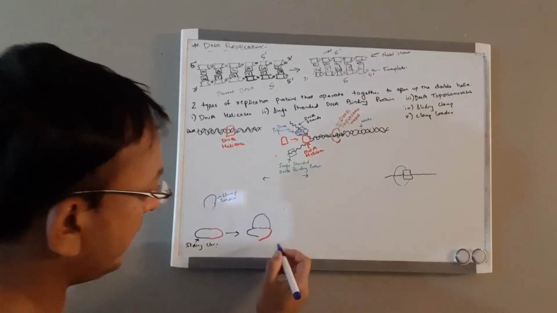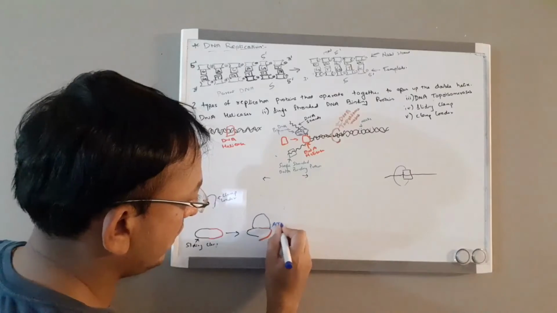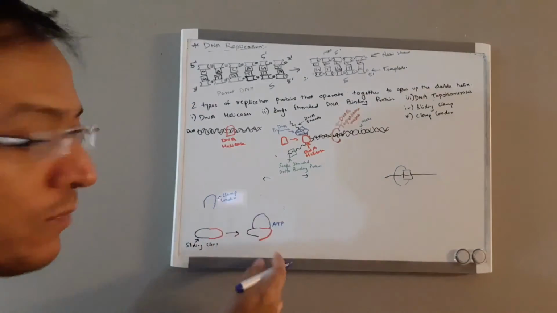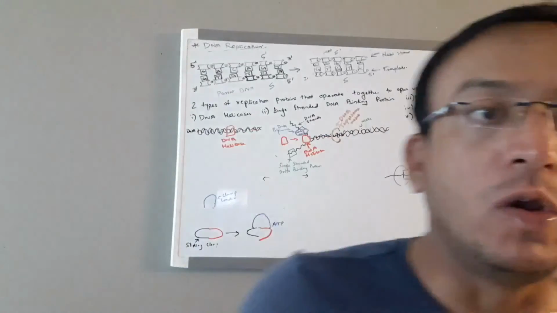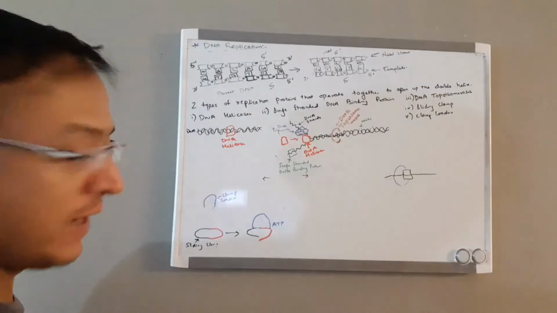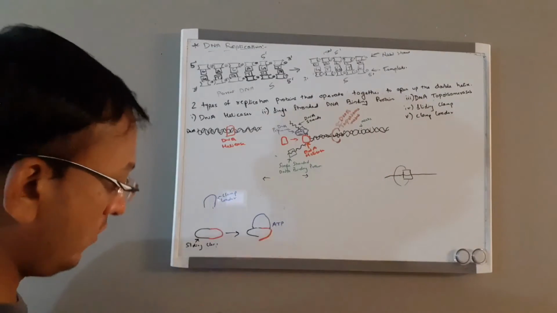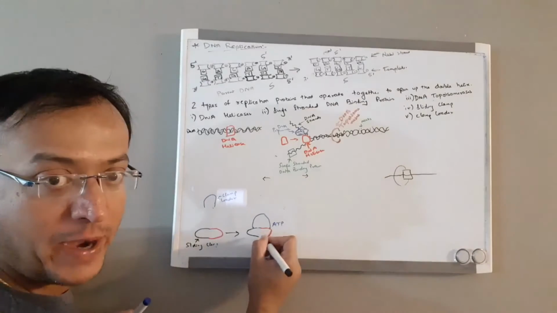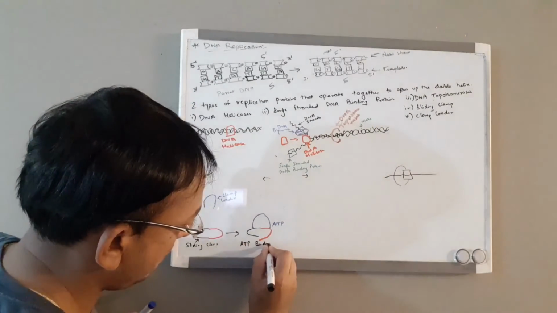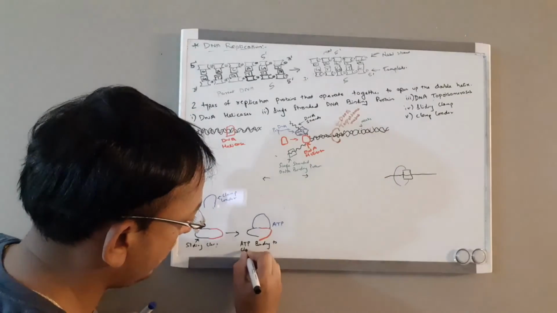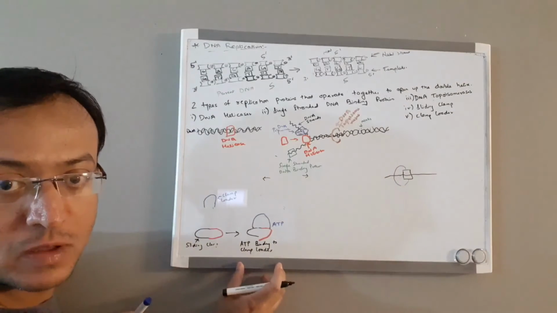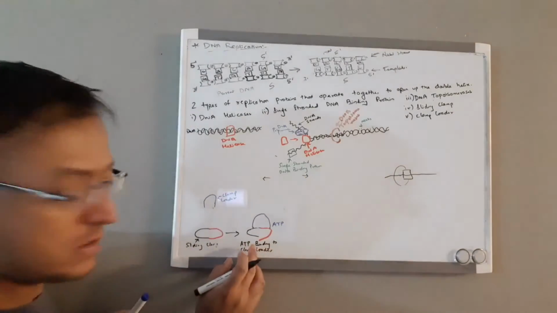Blue, and it works with ATP. This is not ATP itself, but it uses ATP hydrolysis to load the clamp. How is the process done? ATP binds to the clamp loader, and that opens the sliding clamp.